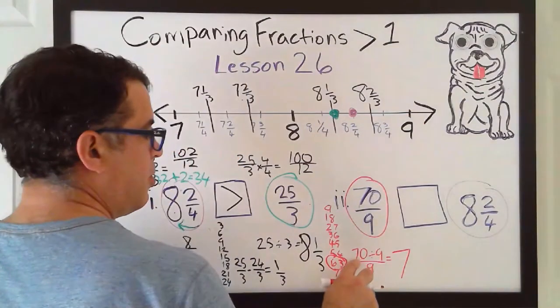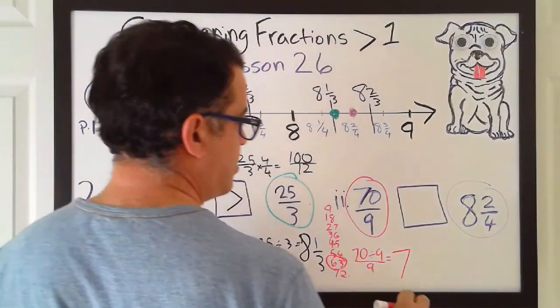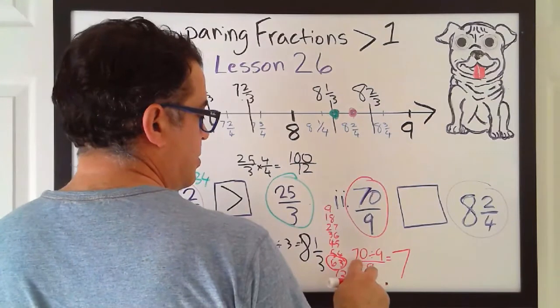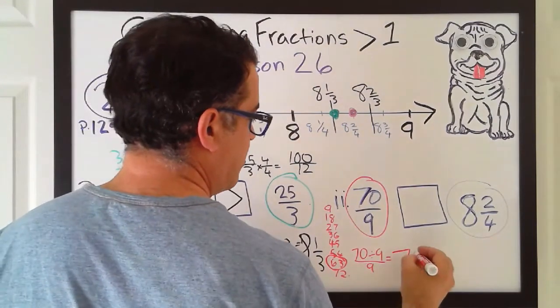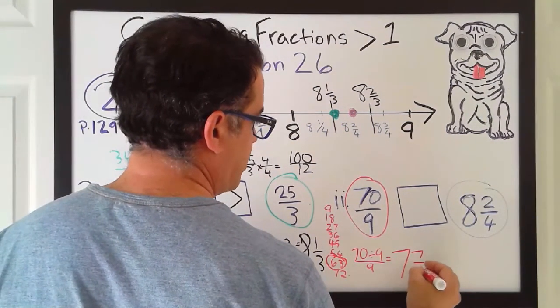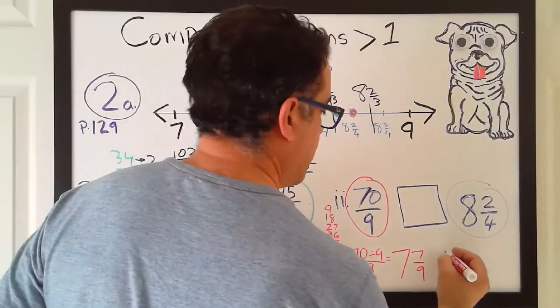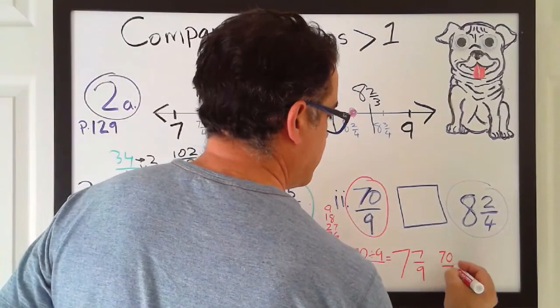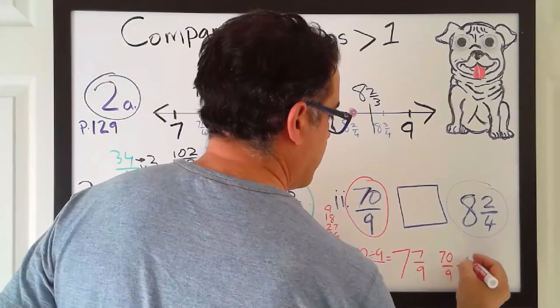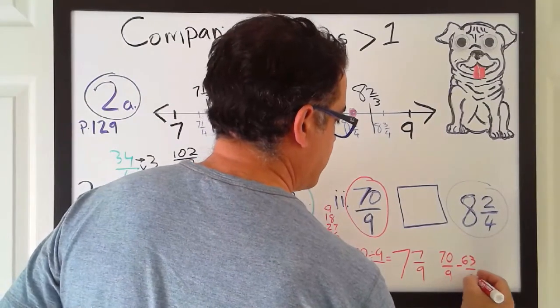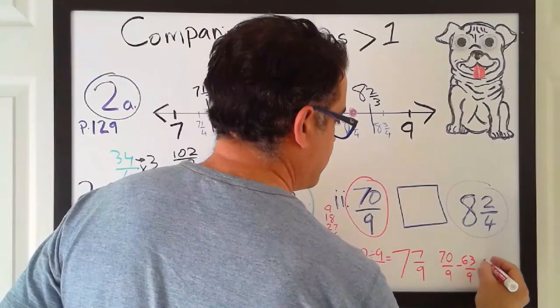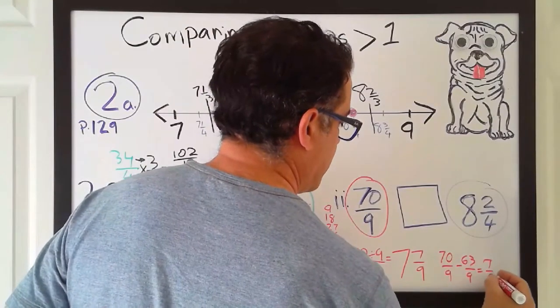How many more to get from 63 to 70? 63 to 70, that's 7 more, so that is 7 ninths. Or we could say, what is 70 ninths minus 63 ninths? That equals 7 ninths. All right?